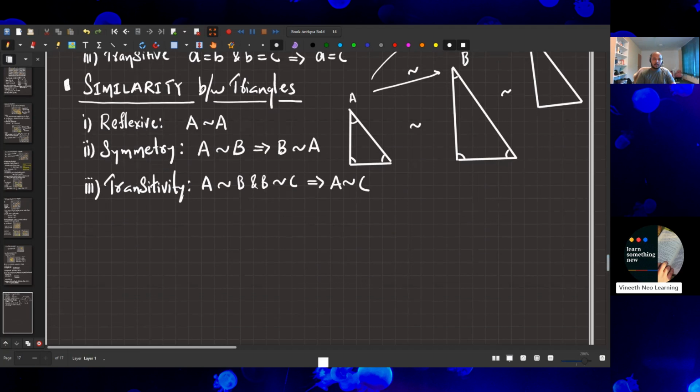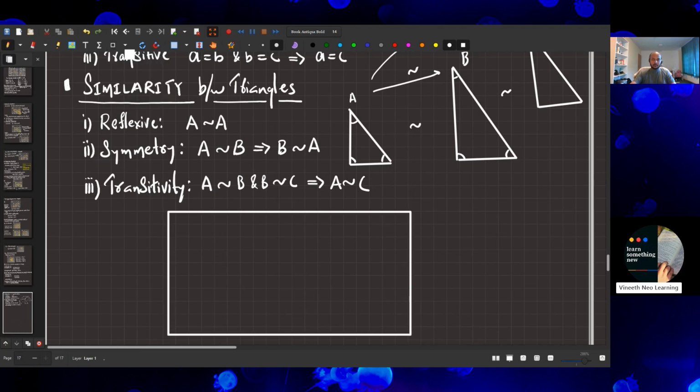Actually, I don't know how to put it. We are considering both equality and similarity within a broader context of equivalence relations. For instance, this is some broader set of equivalence relations.